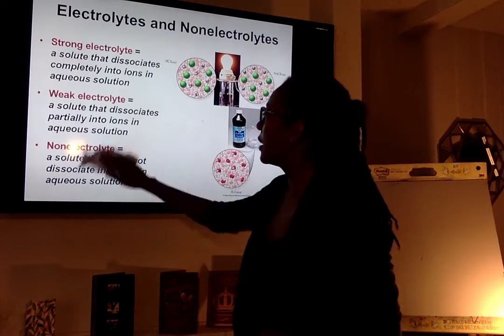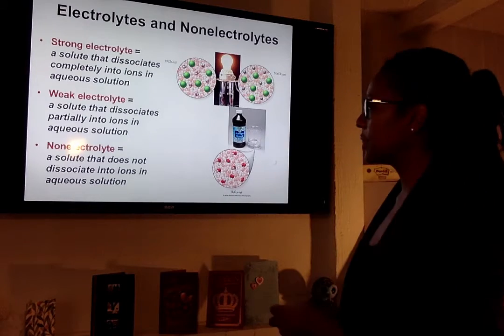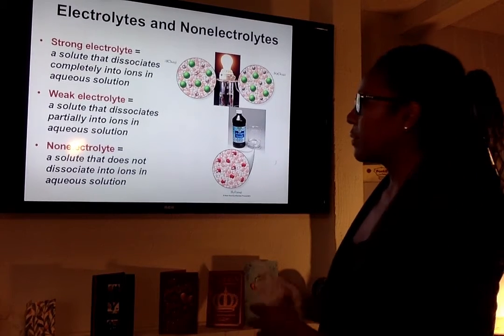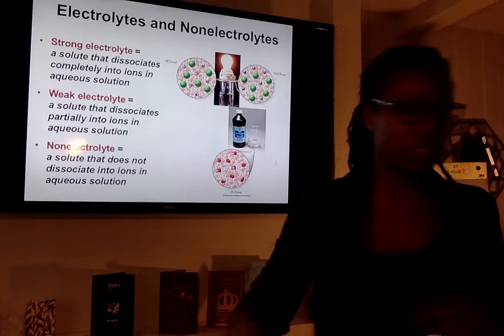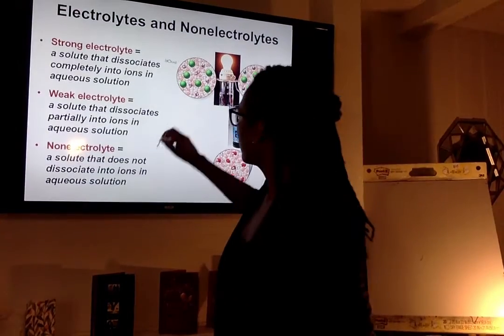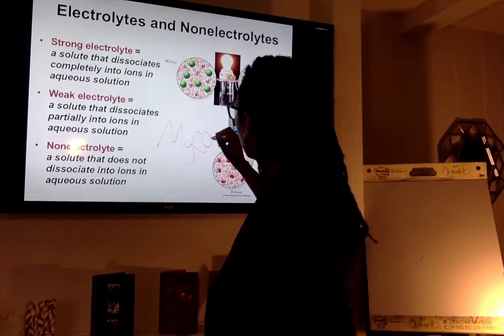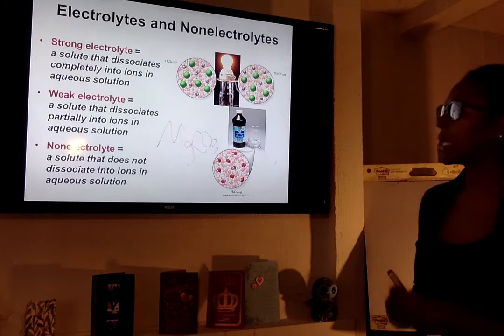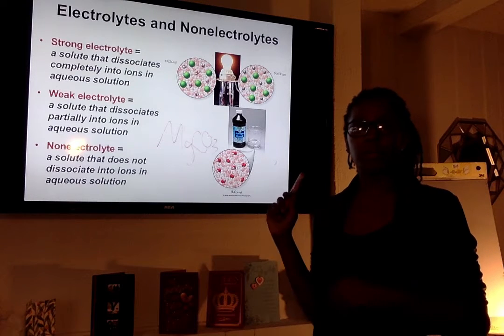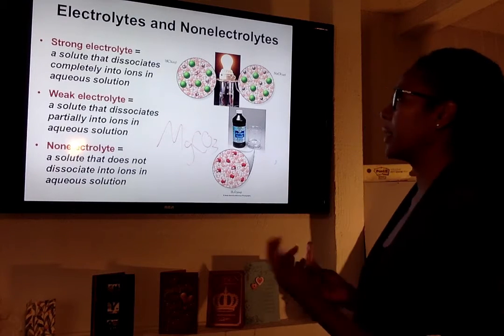And the last one is a non-electrolyte, so a solute that does not dissociate into ions in the aqueous solution. So if it was just that magnesium carbonate, MgCO3, this is an insoluble molecule. That's another way to say that.